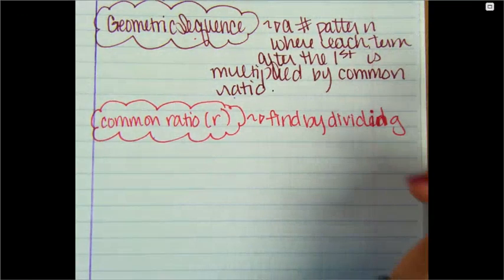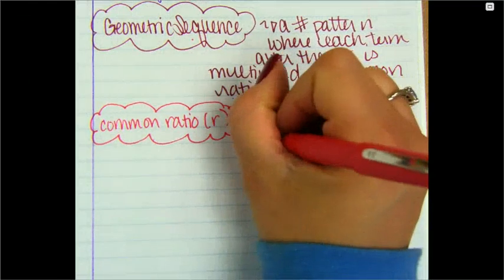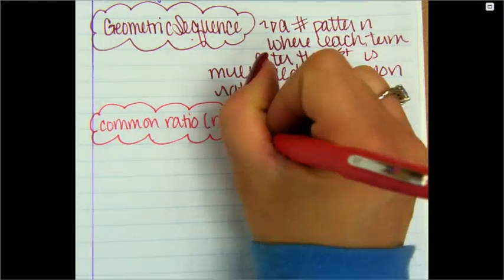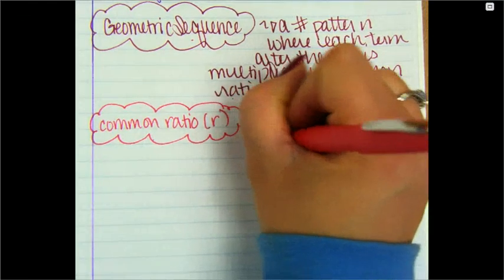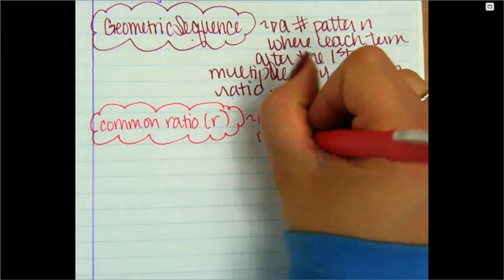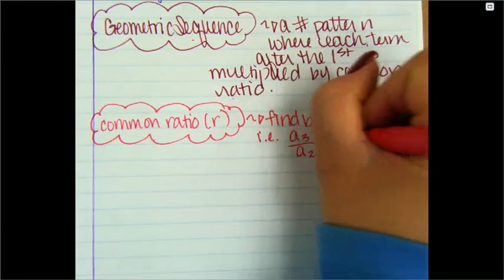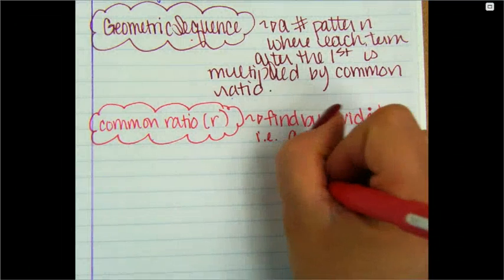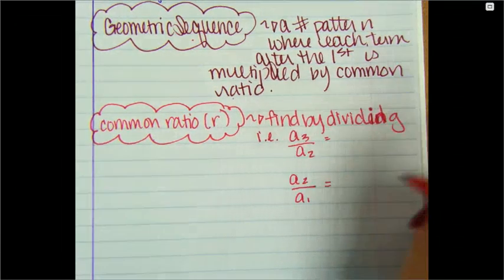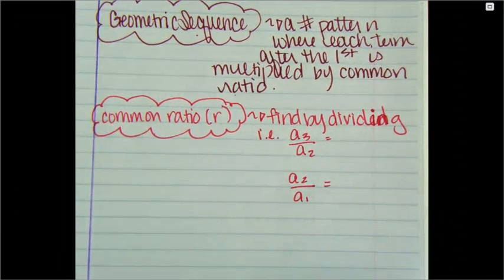Okay, thank you. All right, for example, a sub 3 divided by a sub 2, right? We find the answer. Or a sub 2 divided by a sub 1, and we find the answer. So I'm not going to actually give you numbers, but that's how you find it. You find it by dividing, correct?